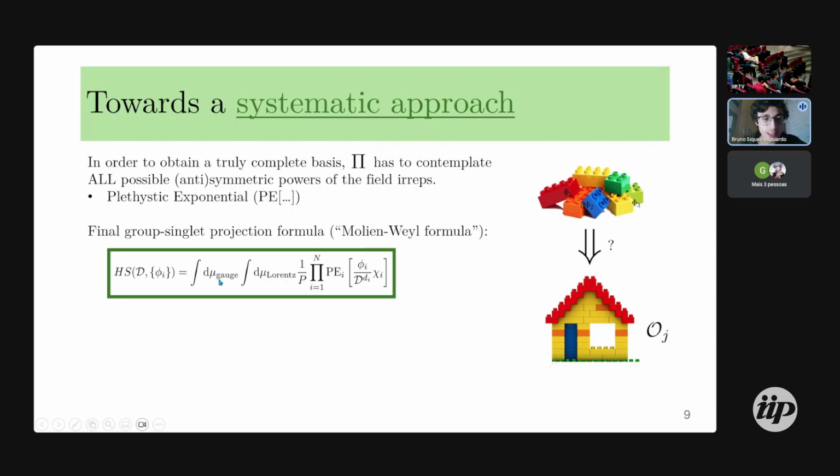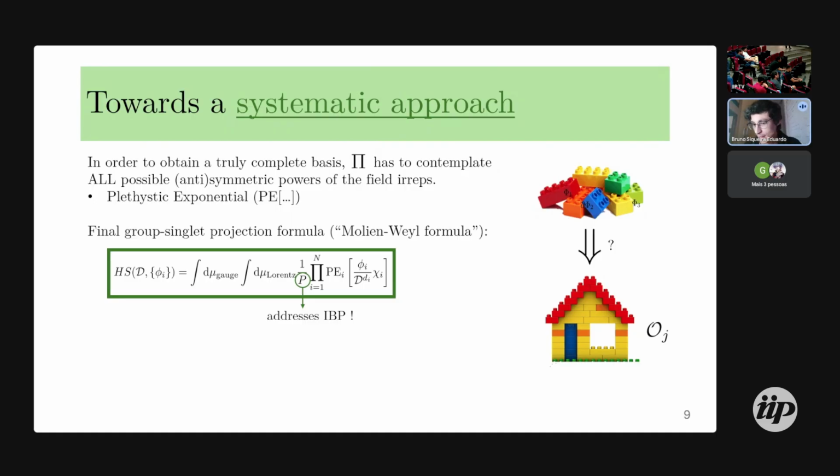So you see here that there's a Haar integral for the gauge groups, another Haar integral for the Lorentz groups. You have the plethystic exponentials here to generate all the big representations. And then there's this funny little 1/P here that is a factor that correctly addresses integration by parts.